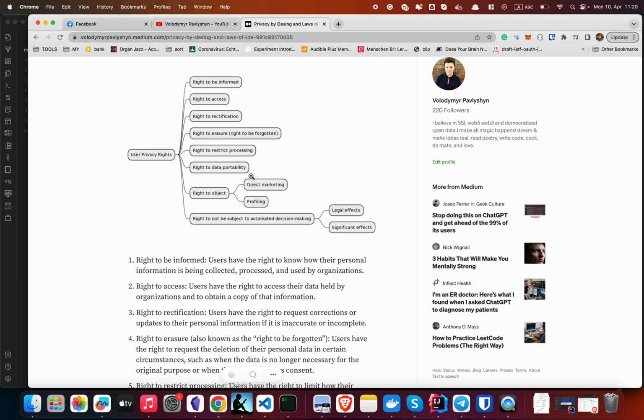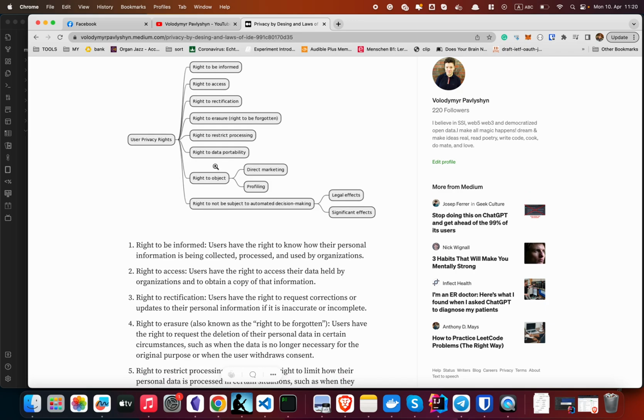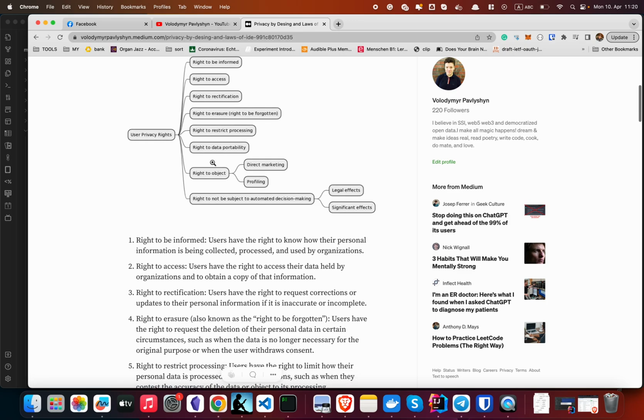It includes the possibility to not be traced, correlated, and so on. Correlation, for example, is a big thing. You can watch my video about correlation and how SSI solves this problem. Another right is data portability. If you decide to take your data with you, you should be able to receive it in some common structured format. And this one is really well supported by SSI.